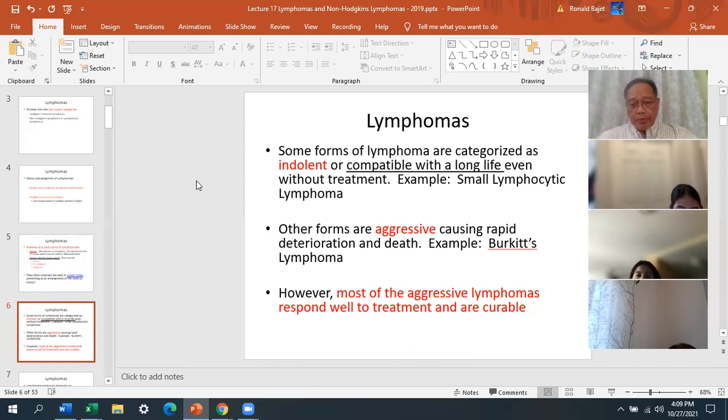The patient usually responds well to treatment and they can become cured of it. So if they can catch it soon enough, then it's treatable and it's curable. So aggressive does not necessarily mean you're doomed for dying. Okay, so aggressive does not necessarily mean it's bad, but you got to treat it. You got to treat it right away.